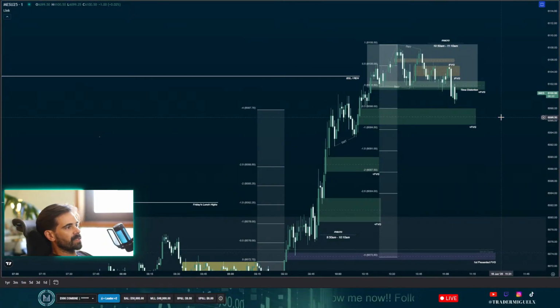This action is not convincing me at all because NQ is not able to get out of that box. It's reaching for a new high, honestly.